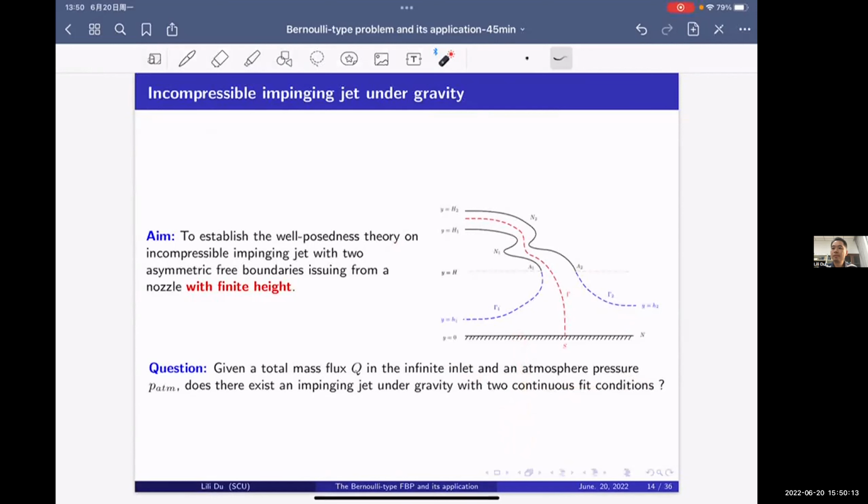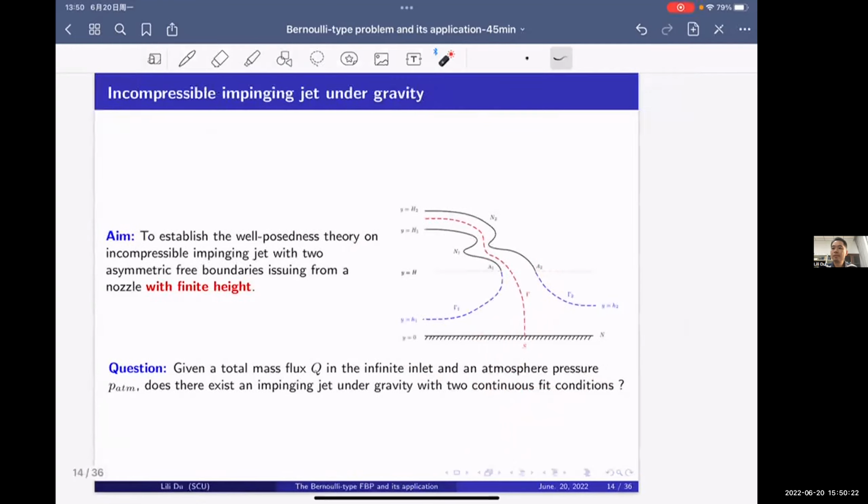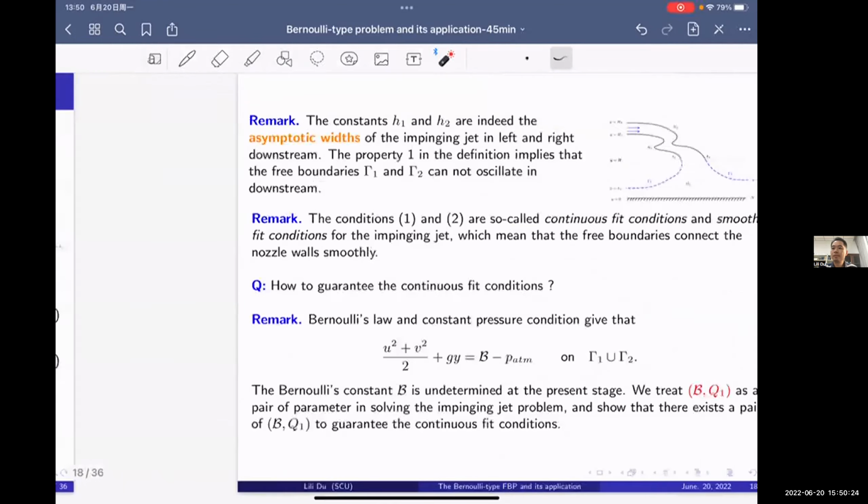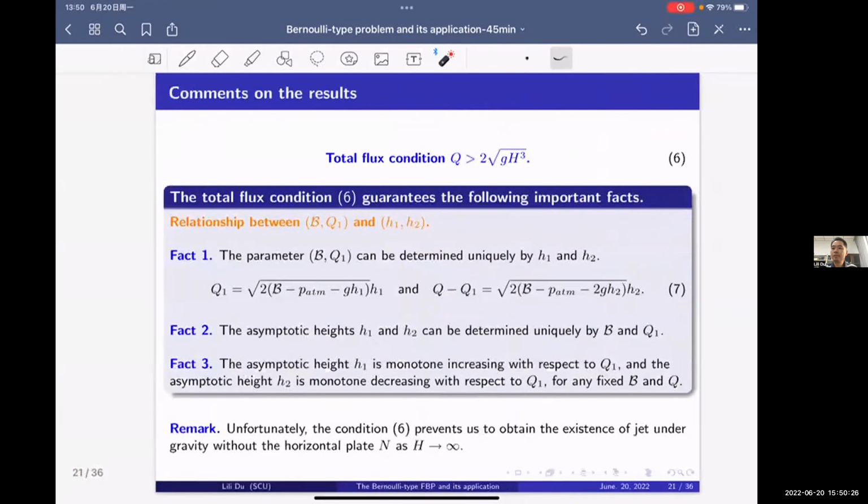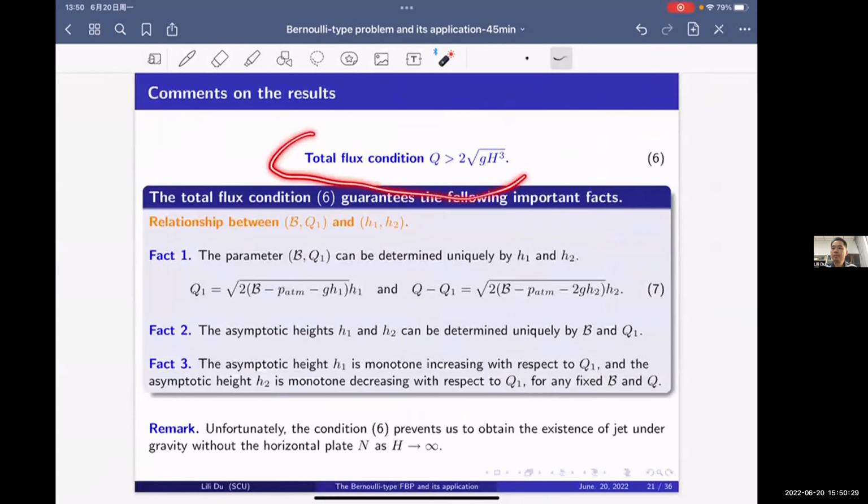So we want to establish the jet with gravity. Unfortunately, we have to restrict these conditions.